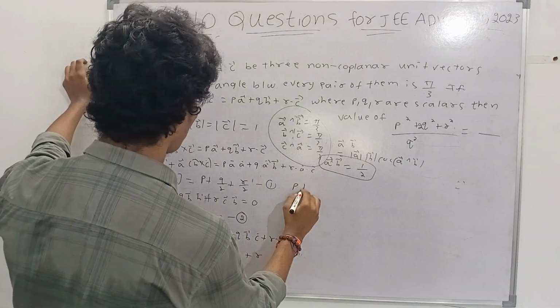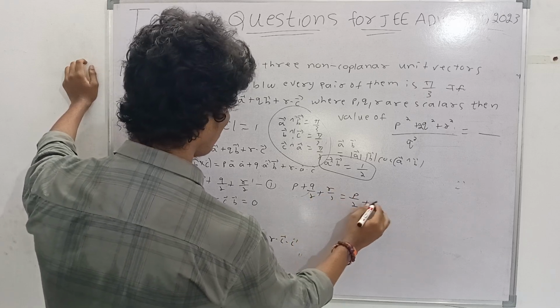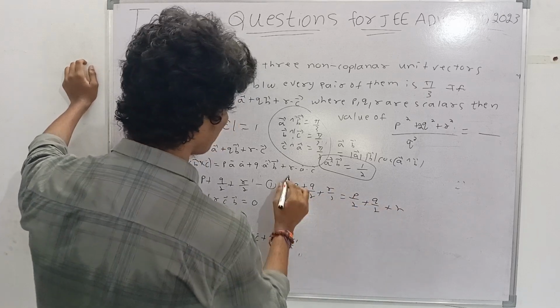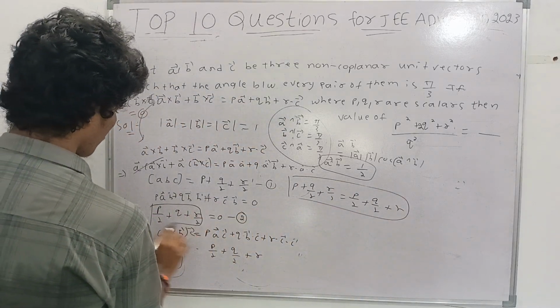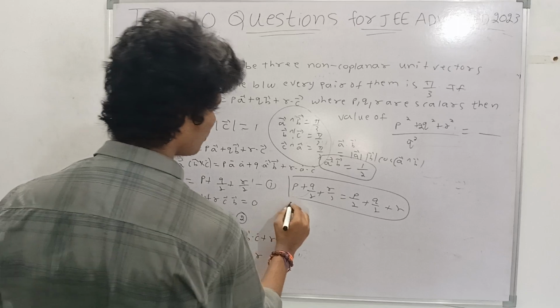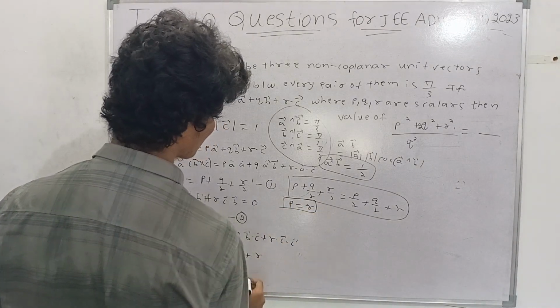So p plus q by 2 plus r by 2 equals p by 2 plus q by 2 plus r. By solving these two equations with the other equation, you will get p equal to r, p equal to minus r.